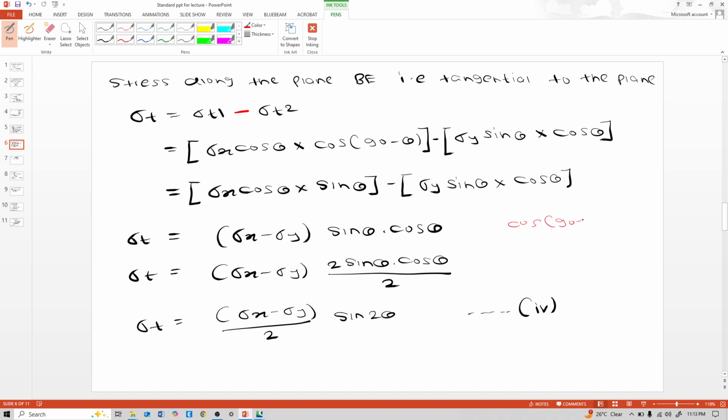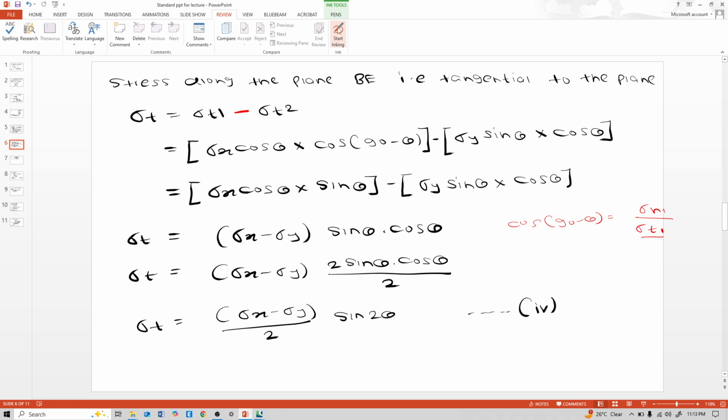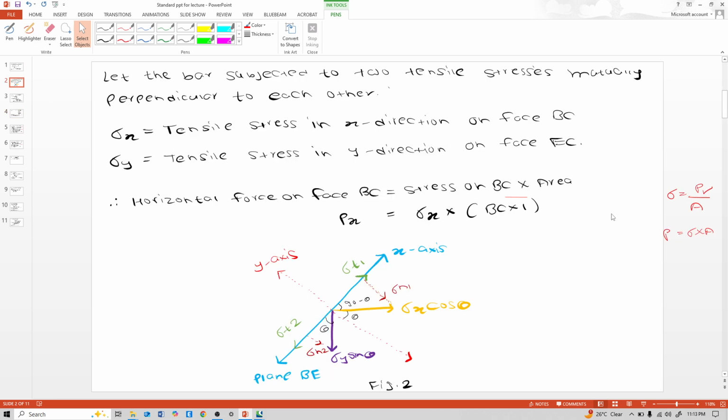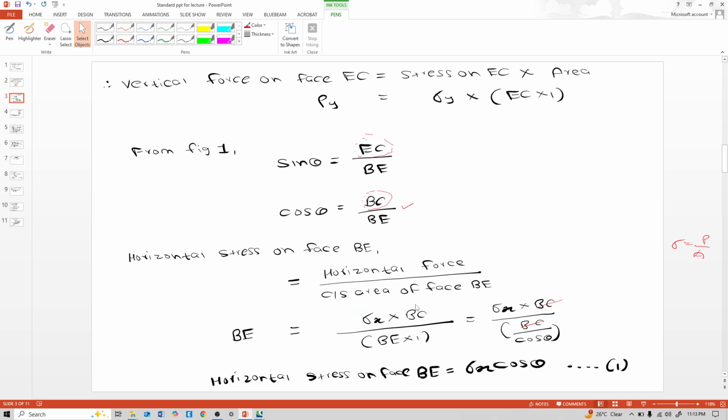Cos 90 minus theta is equal to opposite side upon adjacent side. Therefore this sigma T1 is equal to, somewhere something is wrong, cos 90 minus theta is adjacent side upon hypotenuse and adjacent side is sigma T1. So see this cos 90 minus theta is equal to adjacent side sigma T1 upon hypotenuse, which is sigma x cos theta.